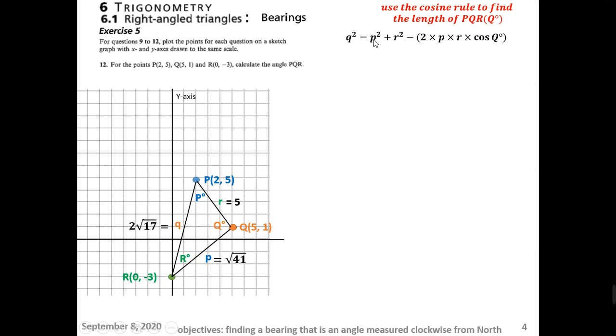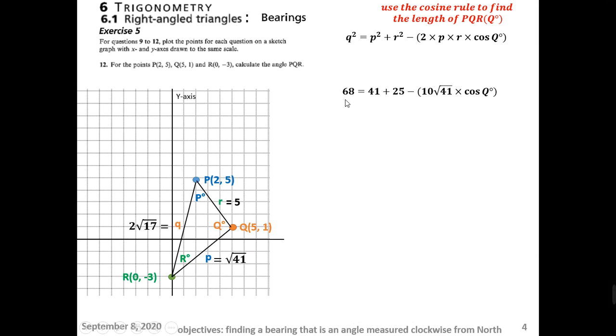P and R. P squared plus R squared minus, in brackets, 2 times P times R times cosine the angle between the two known sides. The two known sides, R is 5, P is square root of 41. So the angle between the two known sides is cosine Q.